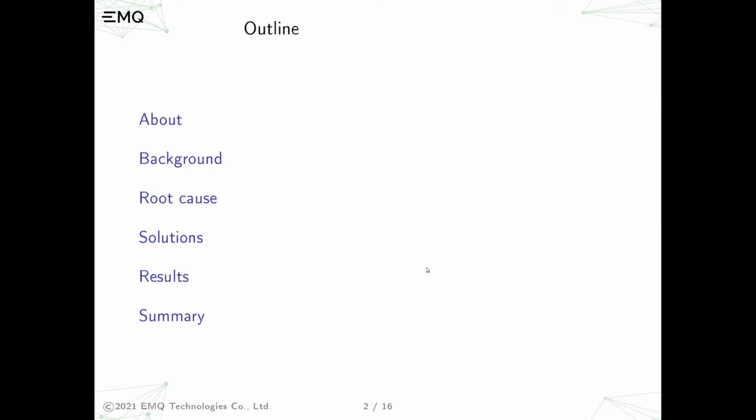So the outline is, first I will introduce the background, or what is the issue, then we will do some root cause analysis, then have some solutions, the solution layers actually.